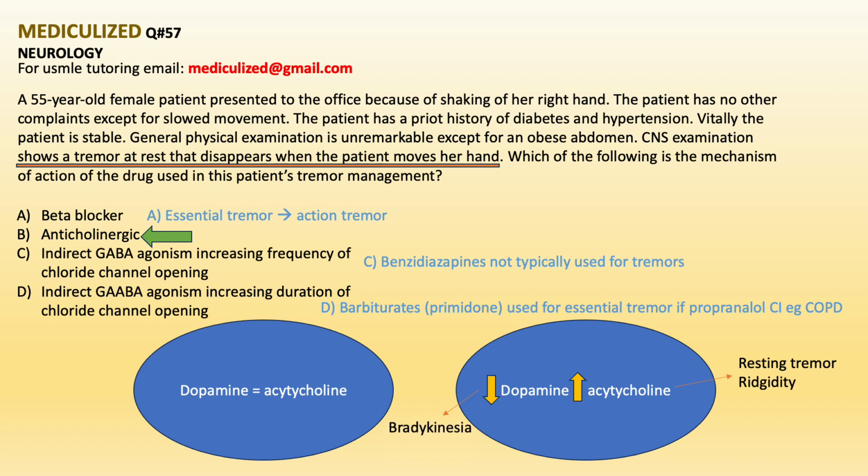The initiation of movement is very difficult for these patients. If I want to get up from a chair, that initial burst of movement requires a lot of dopamine. They don't have dopamine, so they can't initiate that. First movement is very hard for them. That's called bradykinesia, so you get very slowed initiation of movement. That's why this patient in this question has slowed movements.